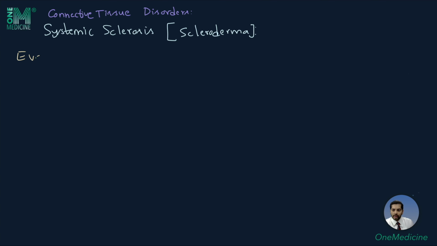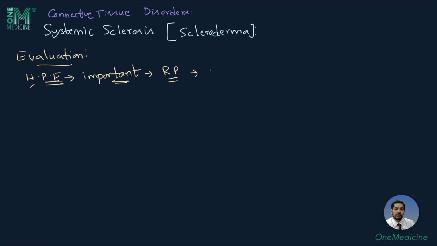Let's now look at the evaluation of systemic sclerosis. The first and foremost important part of understanding a particular disease, especially related to connective tissue disorders, where the investigations play a very minimal role, is trying to understand how the patient has had the disease, including the history as well as physical examination. So history and physical examination play a very important role, especially when asking for Raynaud's phenomena, which can be seen in early stages.